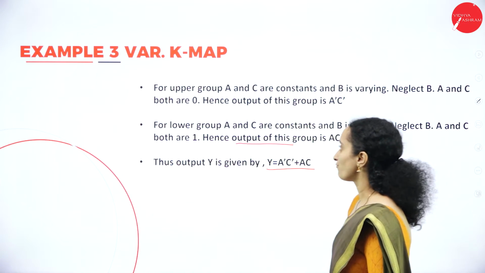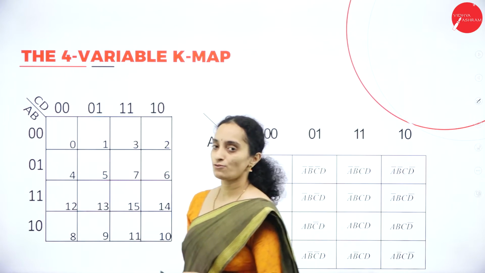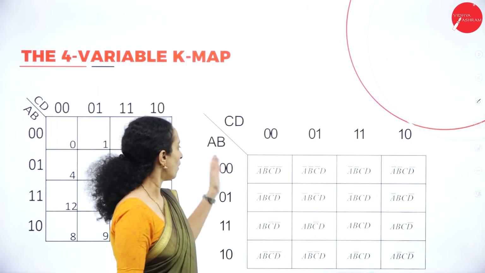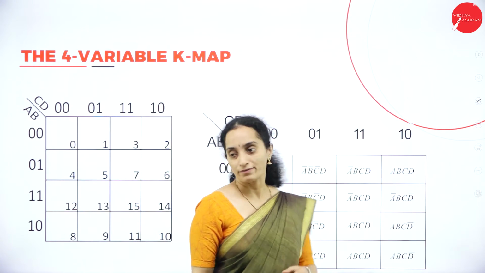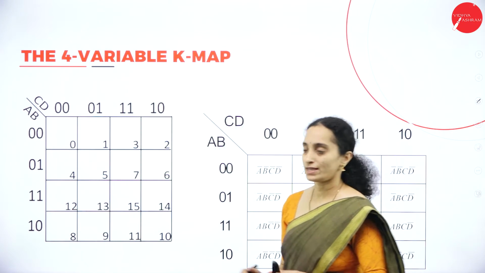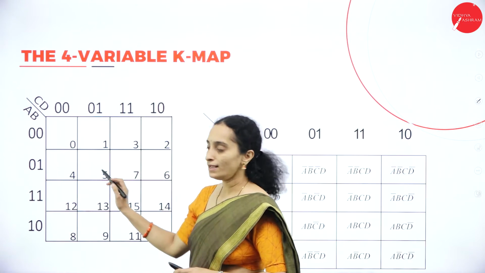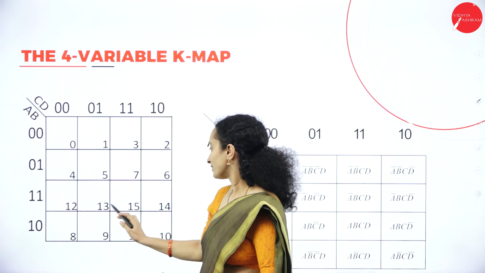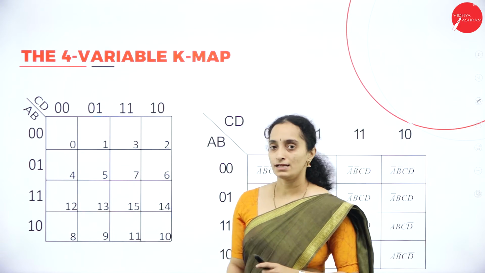Alright. In case of 4 variables, you can represent them like this, AB, CD, or like this, 0, 0, 0, 1, 1, 1, 1, 0. You can have the decimal equivalents 0, 1, 2, 3, 4, 5, 6, 7, 12, 13, 14, 15, 8, 9, 10, 11.